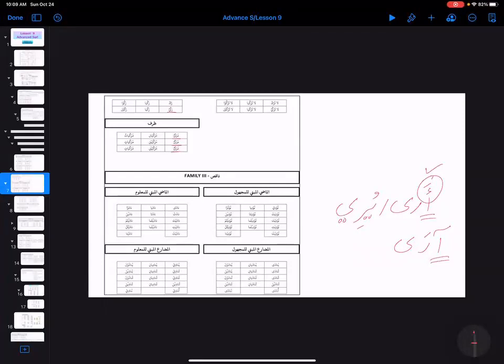You will never see that in other families, that is the marker of family 4. So whenever you see hamzatul qata in the beginning, you can consider family 4. And then this u is telling you, because family 1 is not going to take the u sound. So that is also a clue that this is family 4.